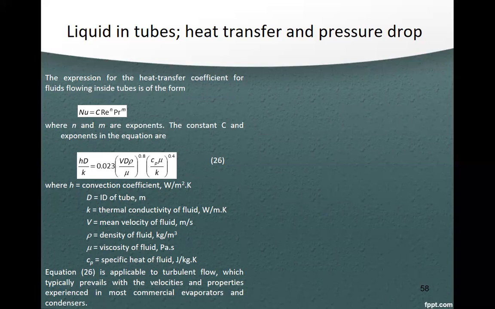The expression for the heat transfer coefficient for fluid flowing inside a tube is of the form Nu, or Nusselt number, is equal to C times Re to the n, Pr to the m. Yung Re is the Reynolds number, and Pr is the Prandtl number. P-R-A-N-D-T-L, spelling niya.